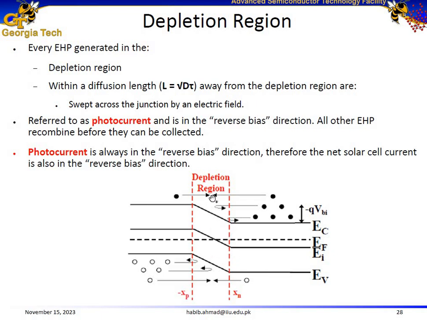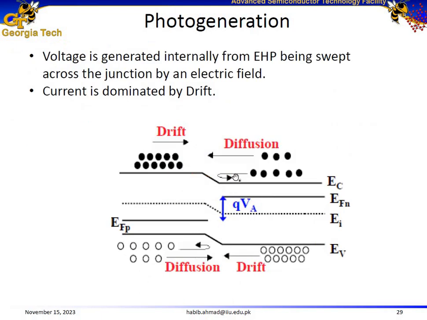Then electrons move towards the right and holes move towards the left. These additional electrons and additional holes are generated by the incident light.